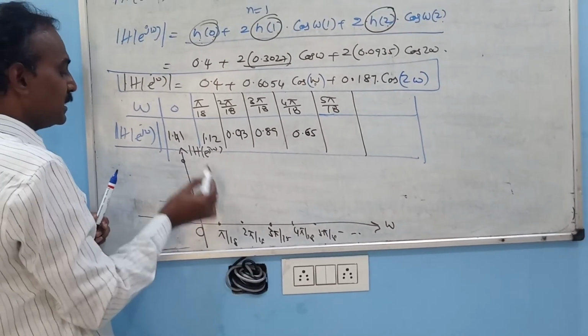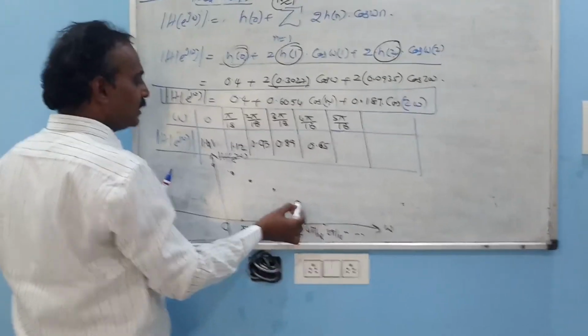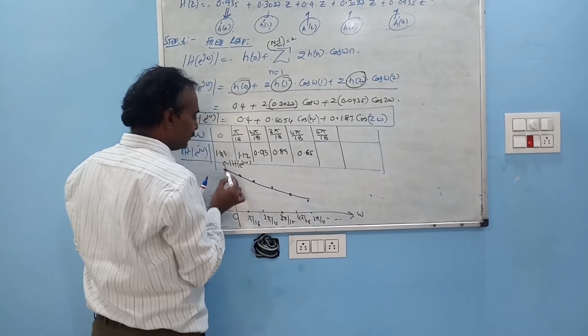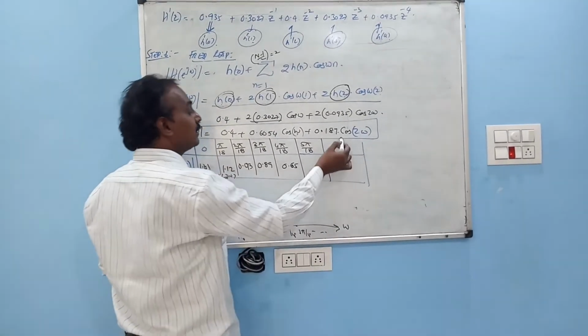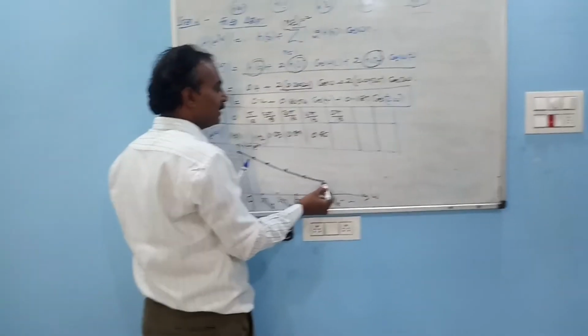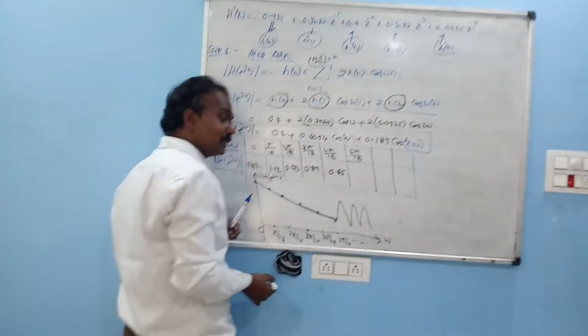Approximately, the graph is slightly decreasing like this, and after some point of cutoff frequency, you can find some ripples happening.